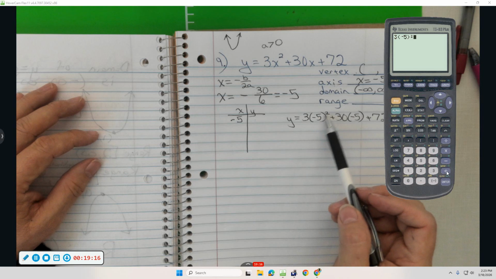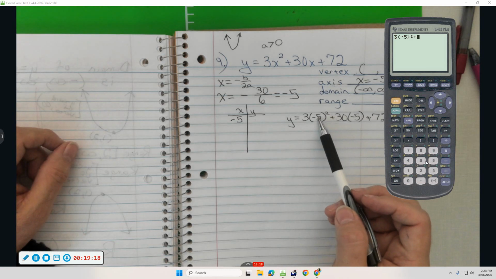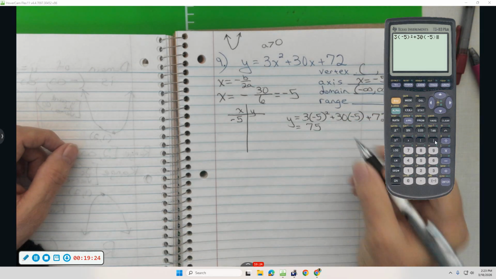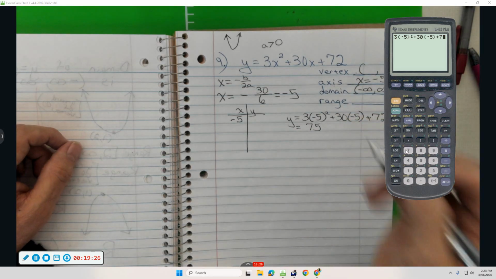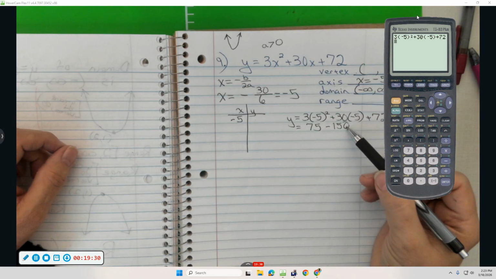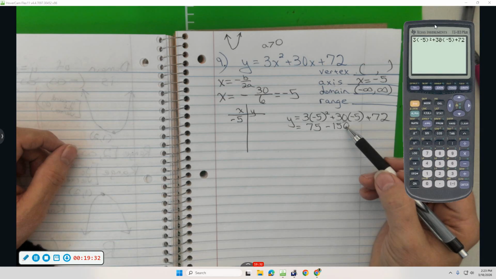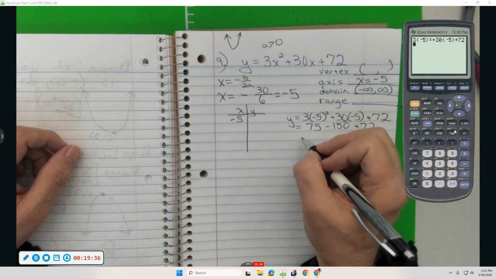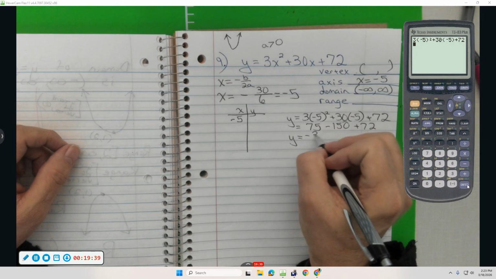Remember, you perform the exponentiation first. Negative 5 times negative 5 is positive 25 times 3. That's 75. That's a minus 150. 75 minus 150 gives me negative 75. Negative 75 plus 72 gives me a y value of negative 3.